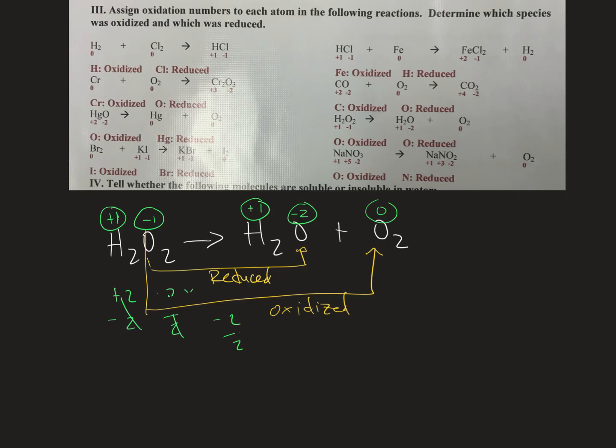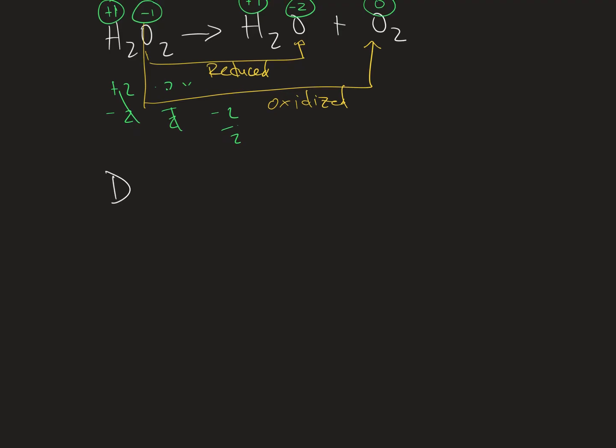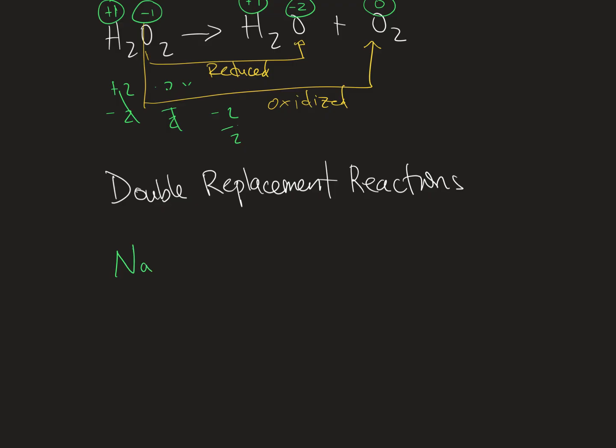To precipitation reactions. So let's talk about double replacement reactions first. For example, we have sodium chloride with silver nitrate.